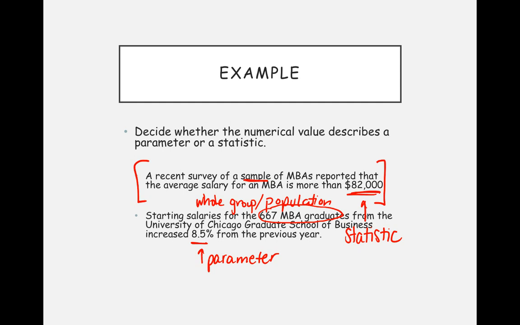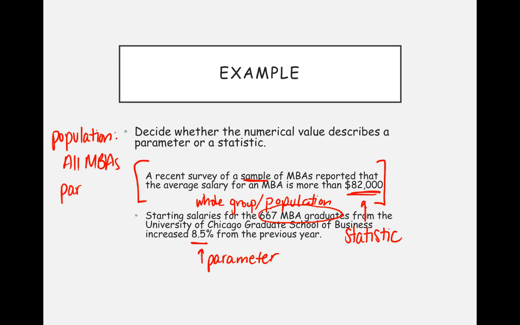If you were asked to describe population, parameter, sample, and statistic here, the sample would be the group of MBAs, the 82,000 would be the statistic. For the population, we would just say, basically, what's the whole group these individuals were drawn from? So it would be all MBAs.